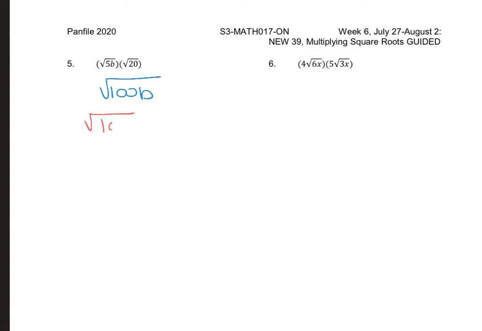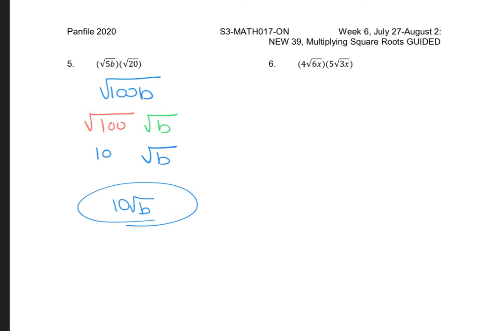I have root 100 and root b. Okay, 100 is a perfect square, so that turns into a 10. But the root b stays stuck because it does not have a partner in crime to come out with. It does not have the partner to escape with. So 10 root b is my answer, and I am done.